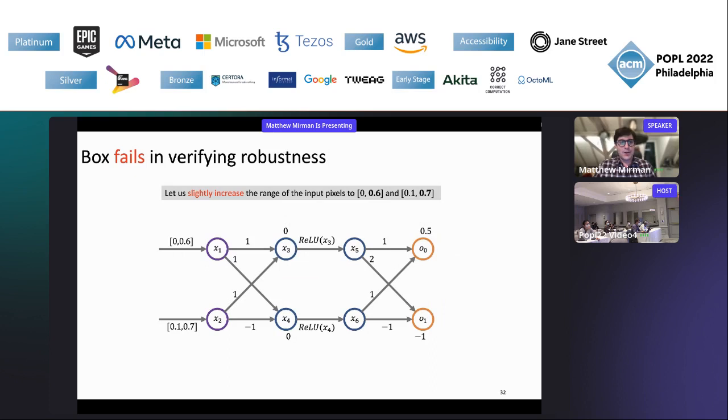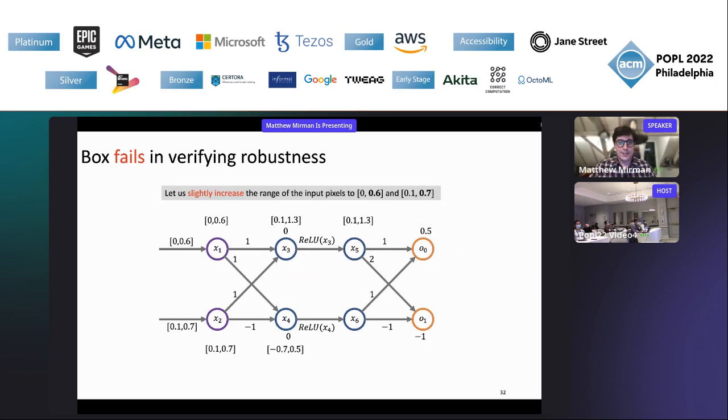If we were to increase the ranges of the pixels slightly so that x1 ranges from 0 to 0.6 and x2 ranges from 0.1 to 0.7, we will see that the network no longer provably verifies that output 0 is the correct output. So we can walk through again. x3 is now the sum of x2 and x1, which is 0.1 to 1.3. x4 is x1 minus x2, which is negative 0.7 to 0.5.